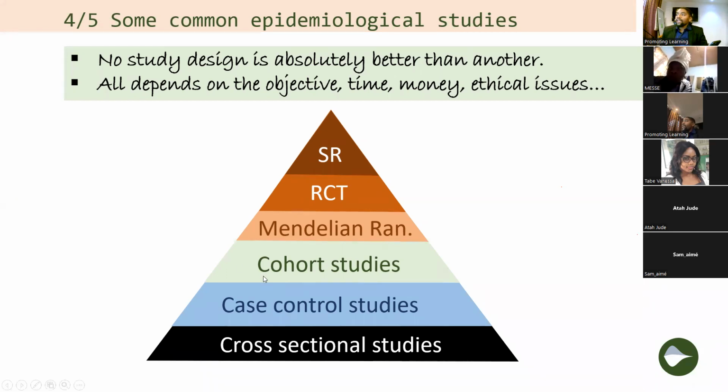It would be inappropriate to take a cohort study when you want to determine the prevalence. So I'm just saying that this pyramid in its entirety makes sense when you're talking about causality.